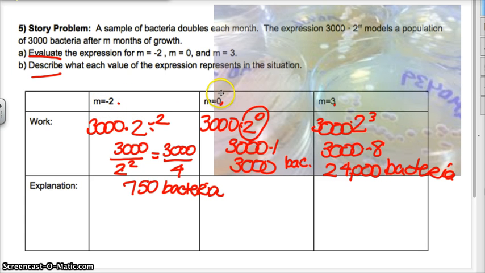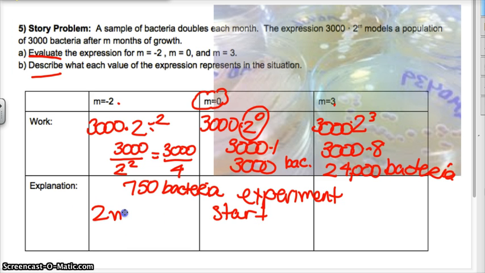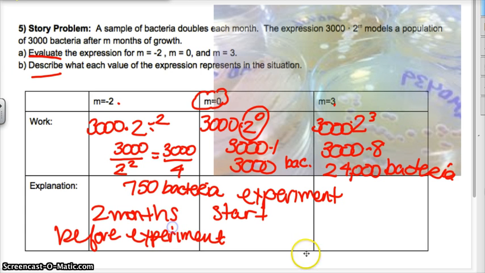Well, if this is when the experiment started, sorry for the sloppy handwriting, then this must be 2 months before the experiment started. So this, m equaling 3, is 3 months after the experiment started.